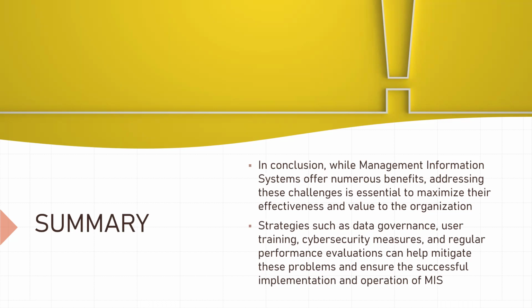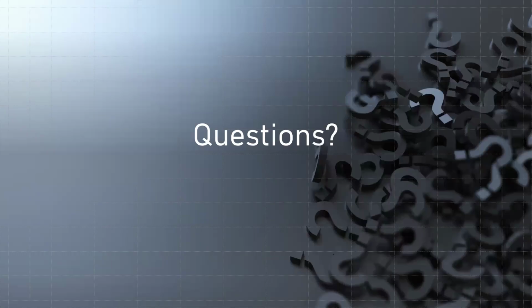Strategies such as data governance, user training, cybersecurity measures, and regular performance evaluations can help to mitigate these problems and ensure the successful implementation and operation of management information systems, right?